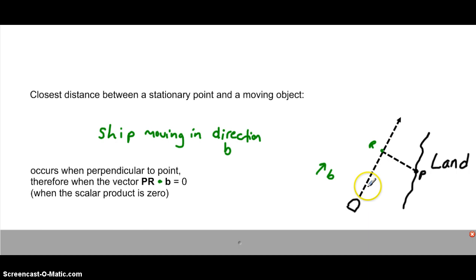The closest distance that this ship would get to land is when it's perpendicular to point P. So what we will do is find our vector PR, set the dot product of PR and B equal to 0, because when any two vectors are perpendicular, their dot product would be 0. So that is how we're going to be finding our closest distance between a stationary point and a moving object.